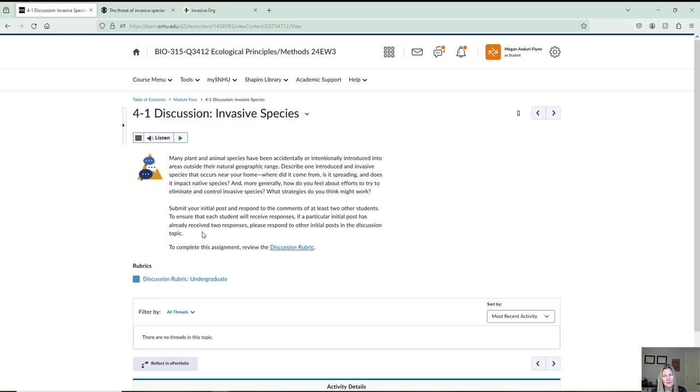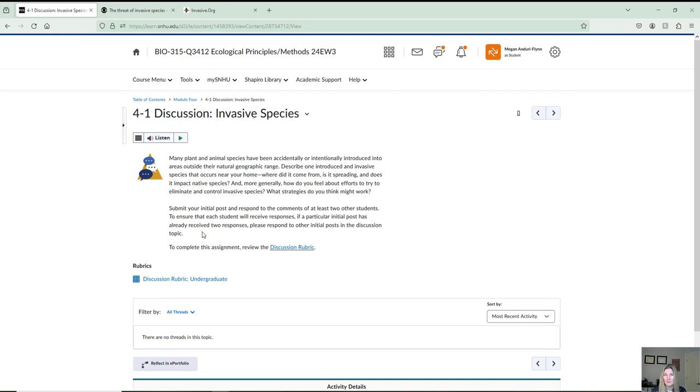Particularly what I tend to see, or my suggestion would be, is that if you find a post about an invasive species, perhaps look it up and see if it's found in your area. And then you can do some research in your local area about efforts to control or eliminate that particular species.